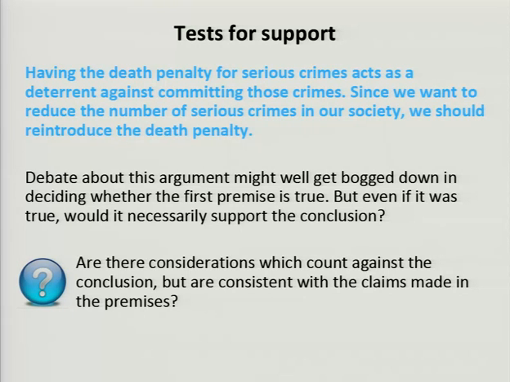It might be that having the death penalty does reduce the number of crimes, but it doesn't matter, because we should never, under any conditions, kill people. It's just wrong. It's ethically wrong. Or maybe it does something to us as a society that we don't want. So there might be an independent reason for rejecting that. Any other types of ways?